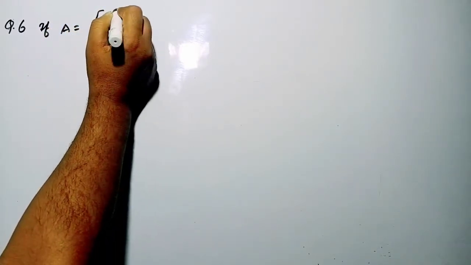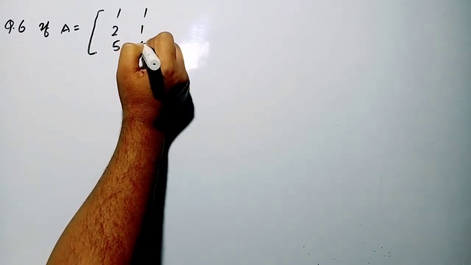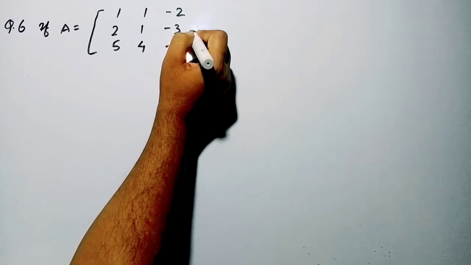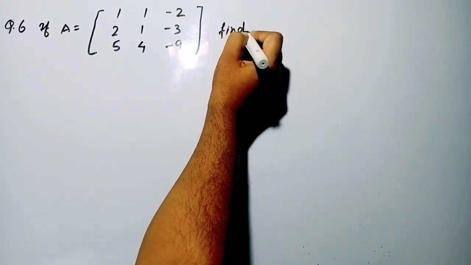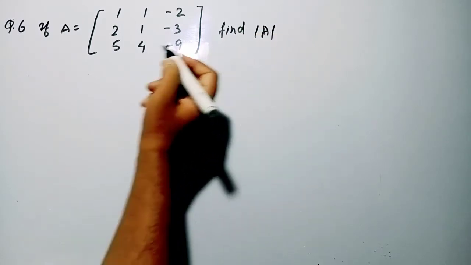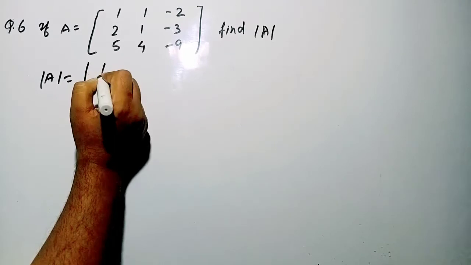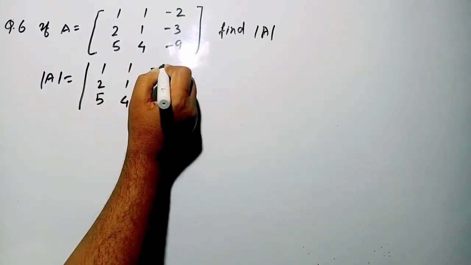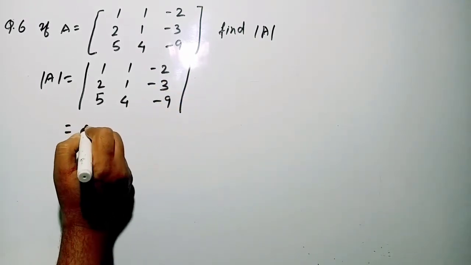Let us see question number 6. If a matrix has elements 1 2 5, 1 1 4, minus 2 minus 3 minus 9, we have to find the value of the matrix. Value of the matrix means determinant. So the value of the matrix, the elements enclosed by 2 vertical lines: 1 2 5, 1 1 4, minus 2 minus 3 minus 9.